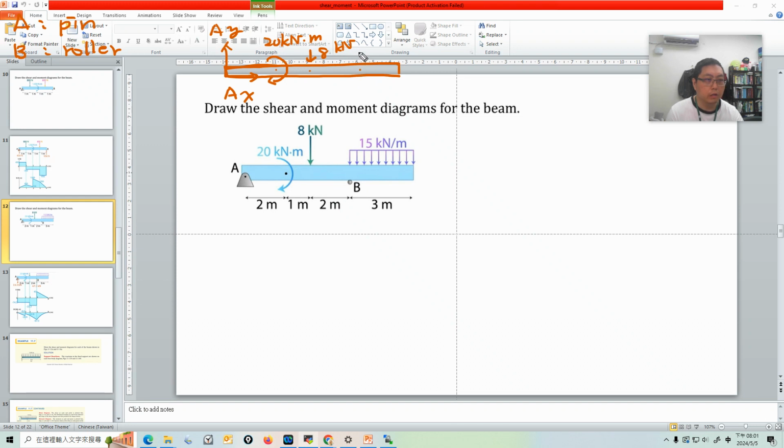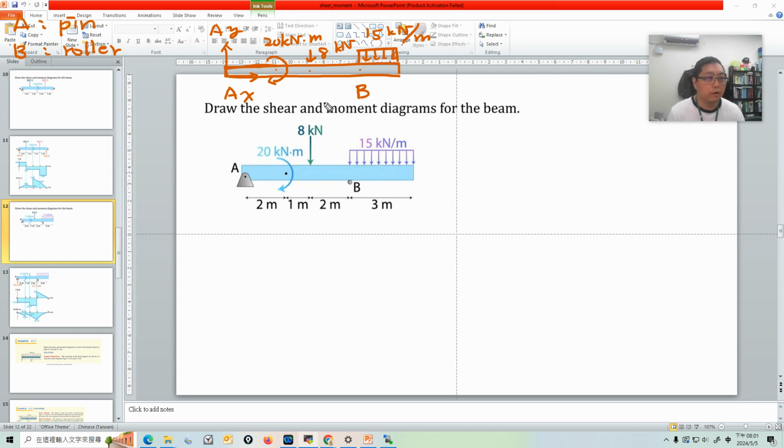Here is another, so there is a distributed load here, 50 kilonewton per meter. And here is C. Sorry, B is here.